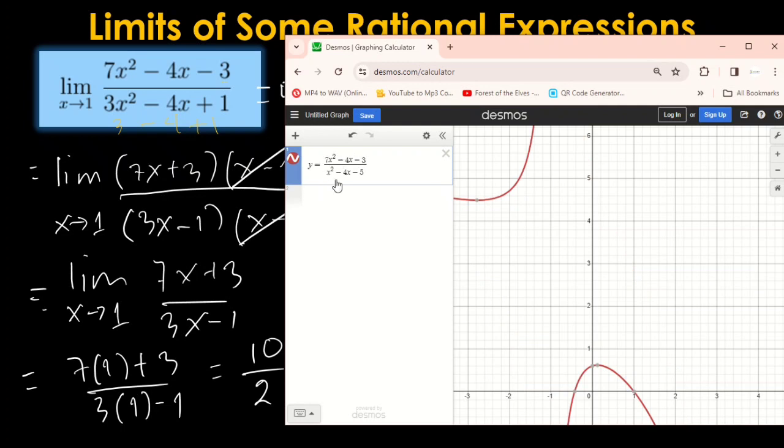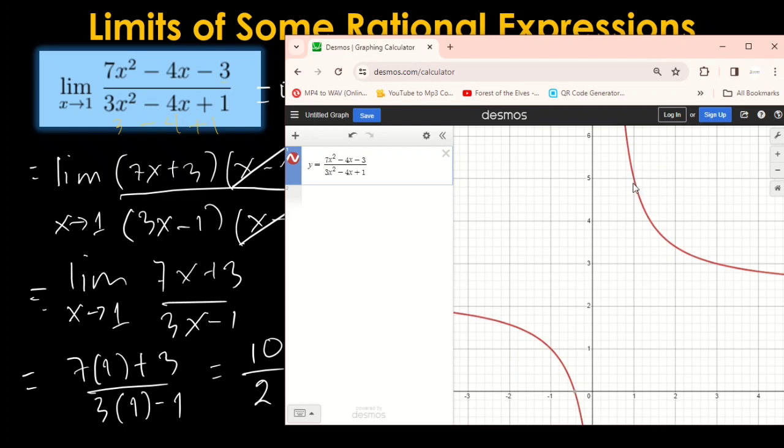This is 3x squared minus 4x plus 5, plus 1. Okay, now our x approaches 1. When x approaches 1, our expression is equal to 5 over here. Our y is 5.